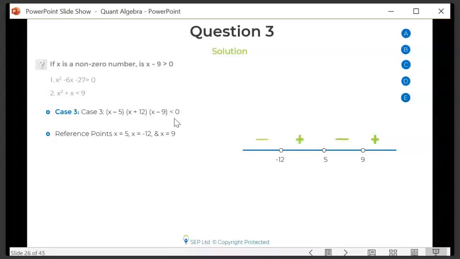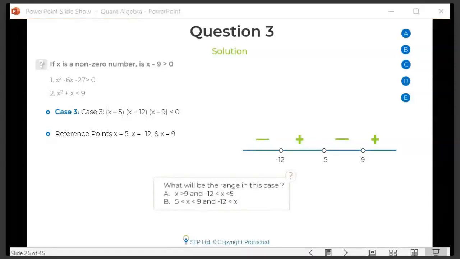Now, can anyone tell me, and let me open a poll very quickly, what will be the answer? If you have understood this clearly, you should be able to answer it. Just one sec, let me bring up the poll. Okay, here's the poll for you guys.